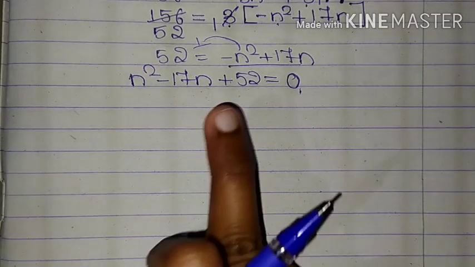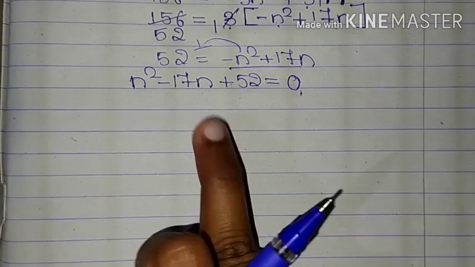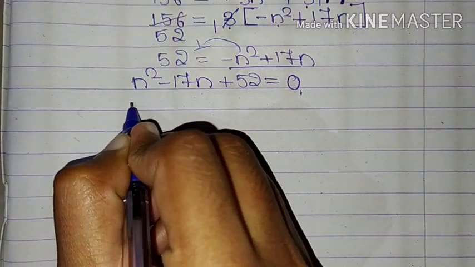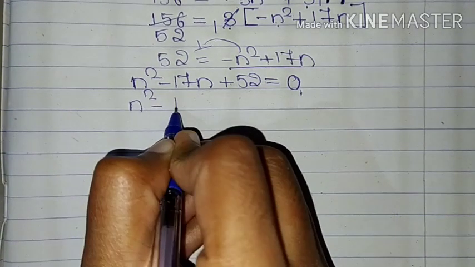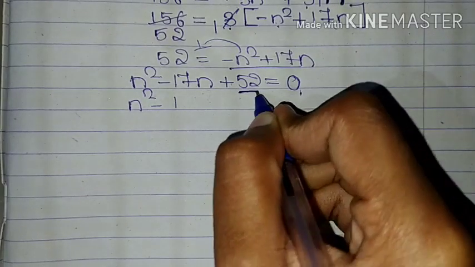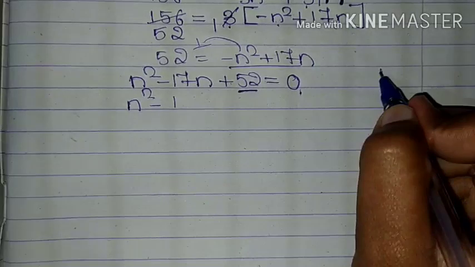Solving this quadratic equation is done by the method of factorization, which you learnt in 9th class. You learned this factorization method in 9th class in the polynomials chapter by splitting the middle term. So let's try to do that. First let us write the factors of 52.